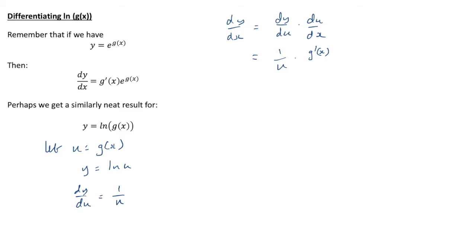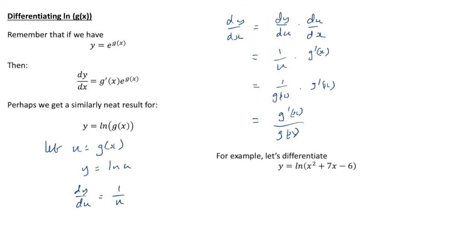So we have dy by du, which is our 1 over u we've just found. du by dx is just g dashed of x. By subbing back in for u equal to g of x, we get 1 over g of x times g dashed of x, and the result that dy by dx is equal to g dashed of x over g of x. And this is very handy.